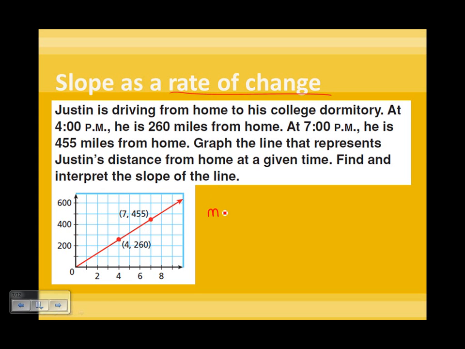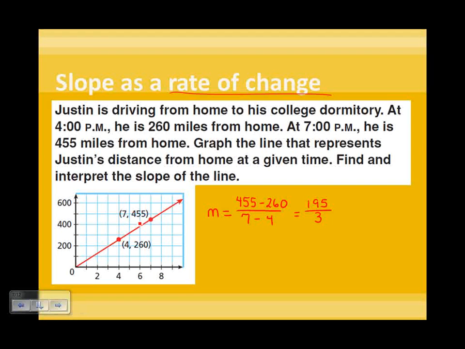Sure we can. This time I'm going to put the units in there so that we can interpret the slope. So it's again the difference in the y's and the difference of the x's. So we have 455 minus 260 and then 7 minus 4. So 455 minus 260 I believe is 195. And then 7 minus 4 is 3.